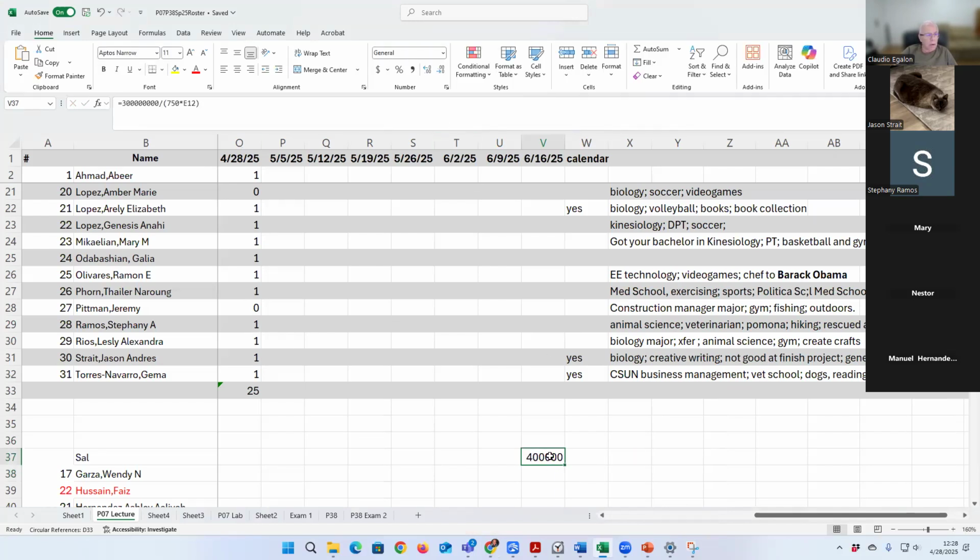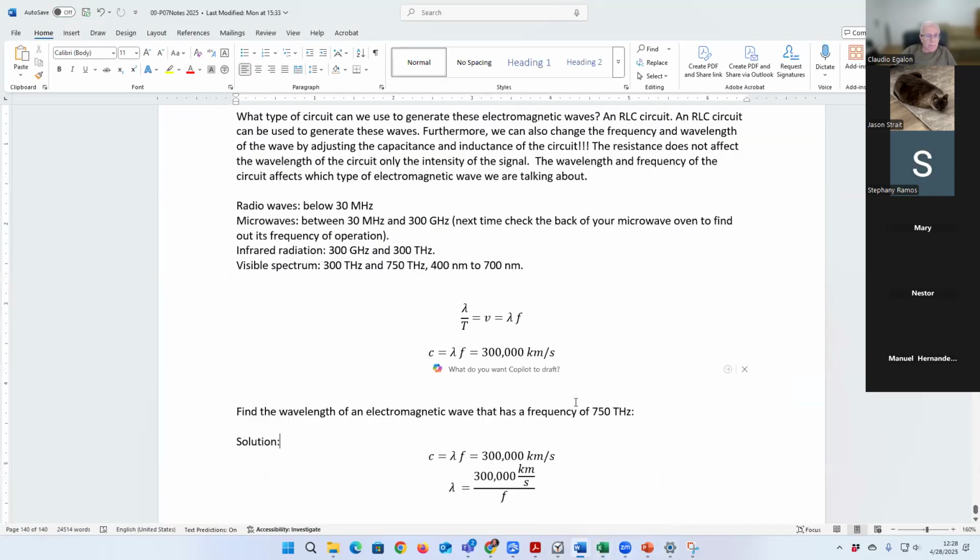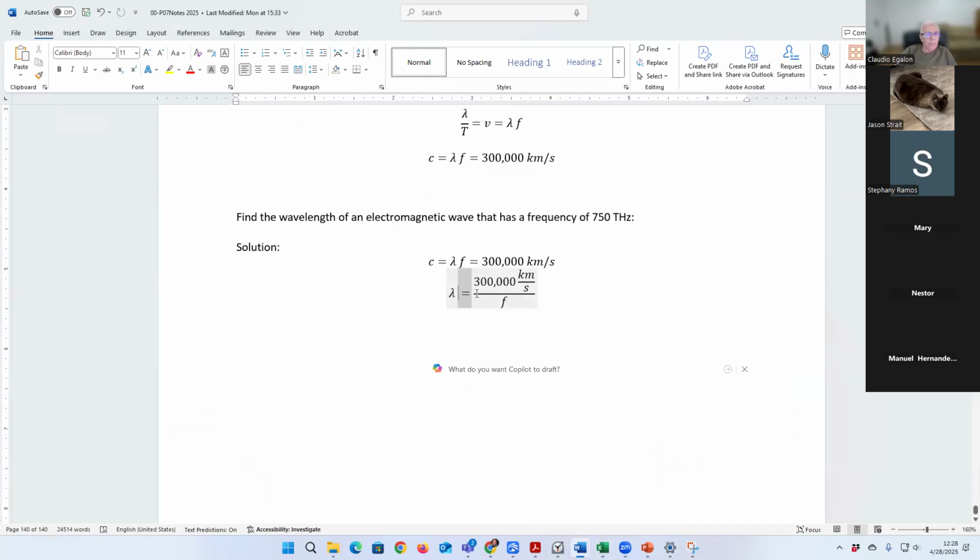And what do we get? There's something wrong here. Let's see if I made a mistake. 300,000 kilometers per second is more like 3 times 10 to the 8 meters per second.